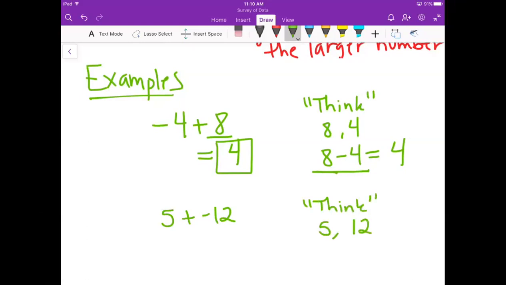The larger number is 12 and the smaller number is 5. So really I'm subtracting 12 minus 5 to get 7. So my final answer is positive or negative 7. My larger number was 12. In my original problem, that was a negative. So my final answer needs to be negative.